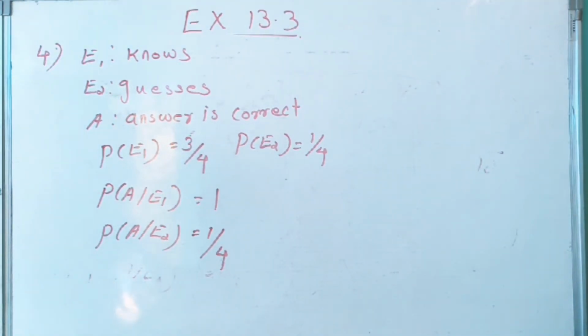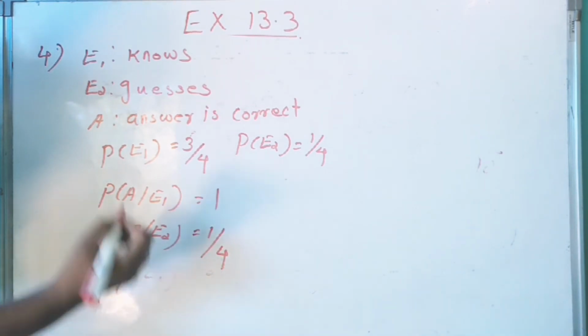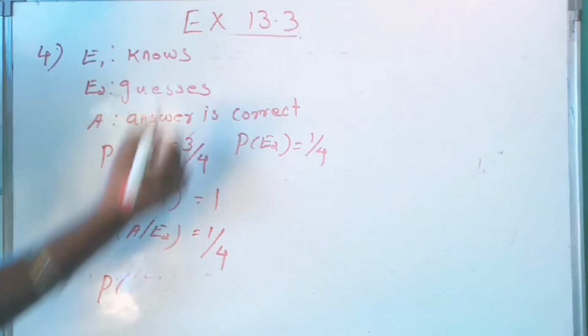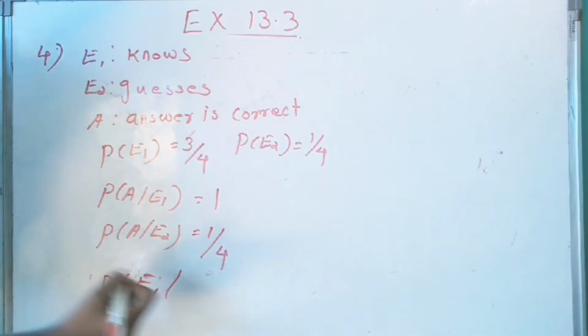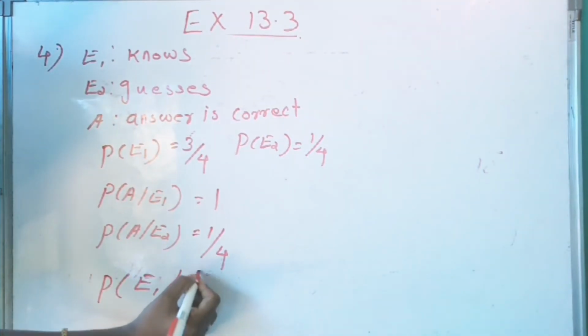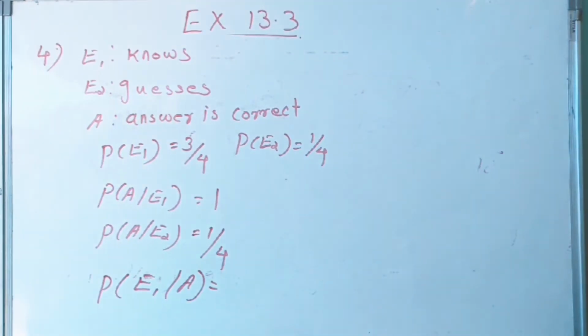Now, which one do we want to use here? Bayes' theorem or total probability? What do we want to find here? The probability that the student knows the answer, E1, given that the answer is correct, that is our A. Here we need to find P of E1 given A, so we use Bayes' theorem.